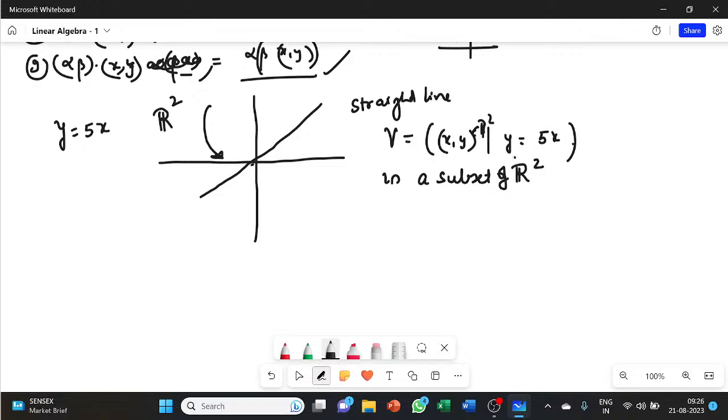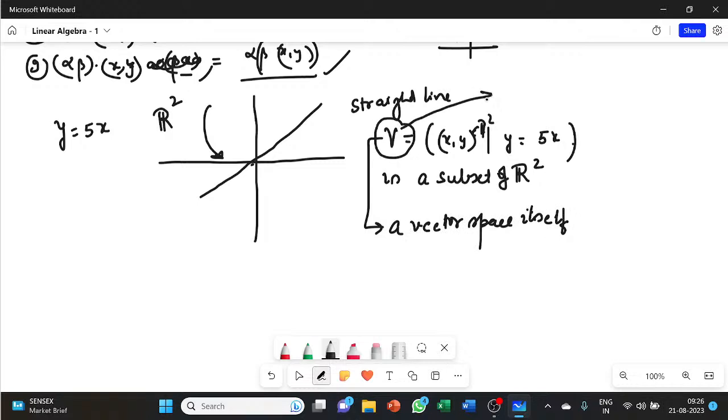And indeed it goes on to make a vector space itself. Such a space V is referred to as a subspace.